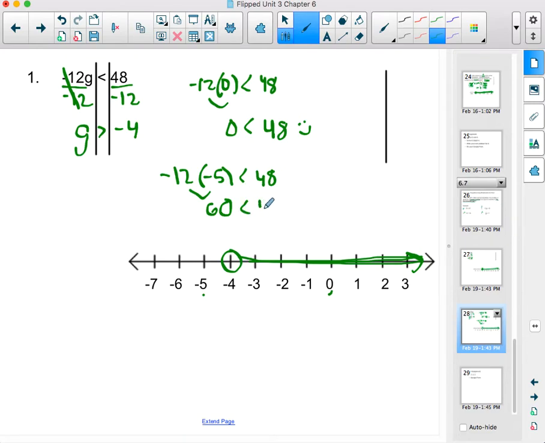And I would get 60 is less than 48. We can see that that's not a true statement. That is very, very false. That's why we ended up having to flip our sign, because when we divide by that negative, some things end up changing for us. So this was our correct solution: g is greater than -4. We do have to remember that when we divide by a negative, we flip the inequality sign.